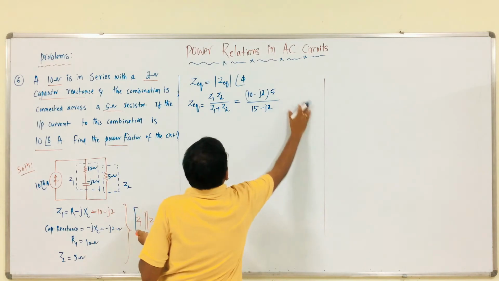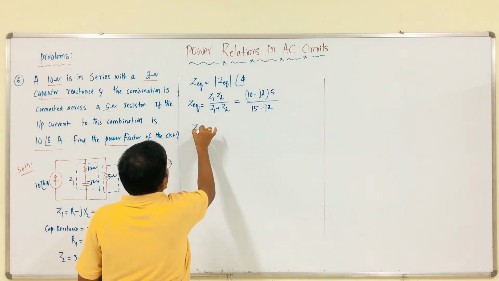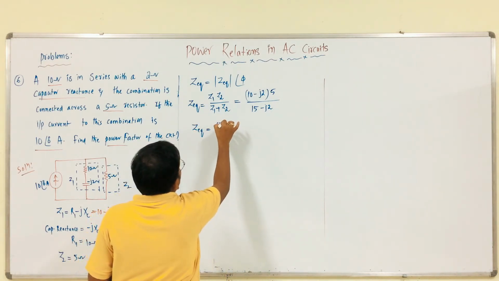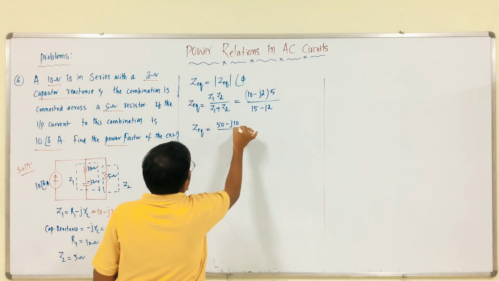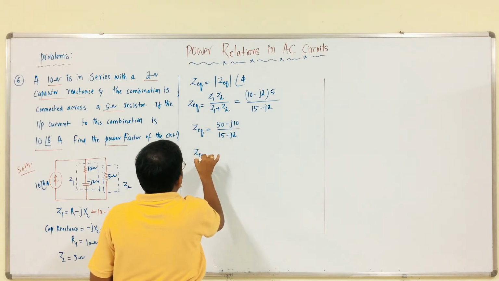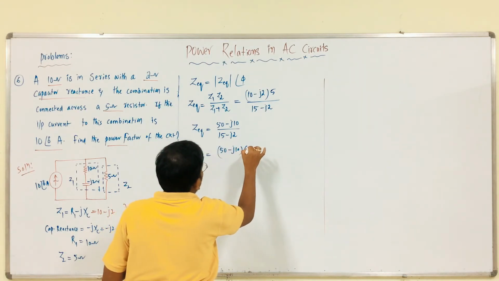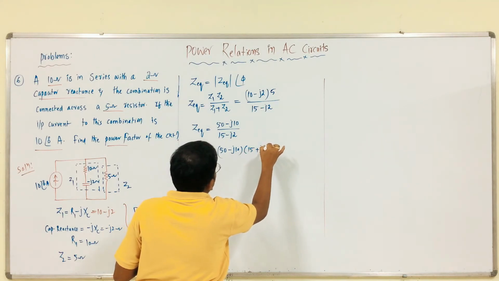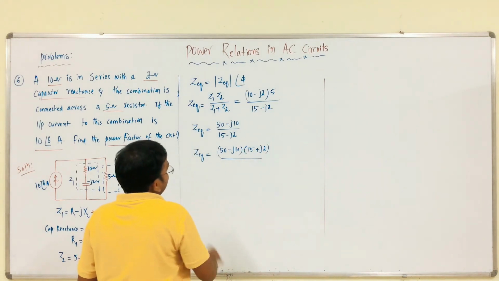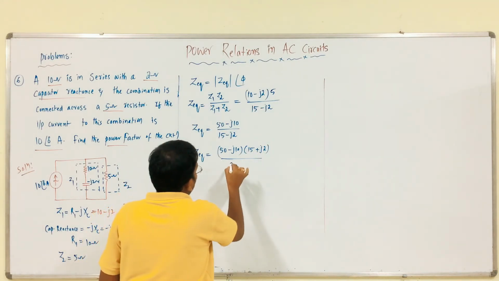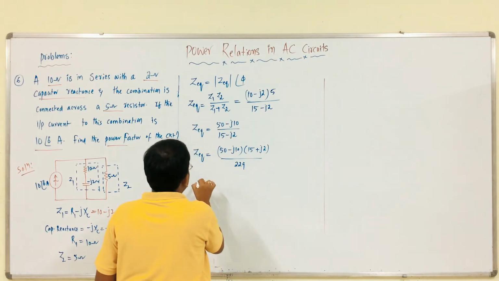Clear? That is, Z equivalent is equal to 50 minus j10 by 15 minus j2. From this, 50 minus j10 into 15 plus j2 by 225 plus 4, 229.